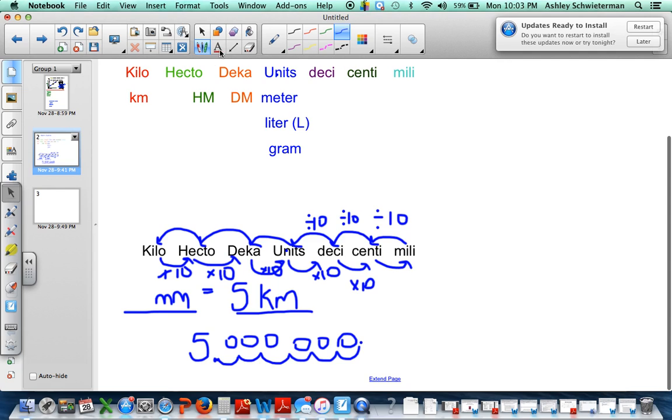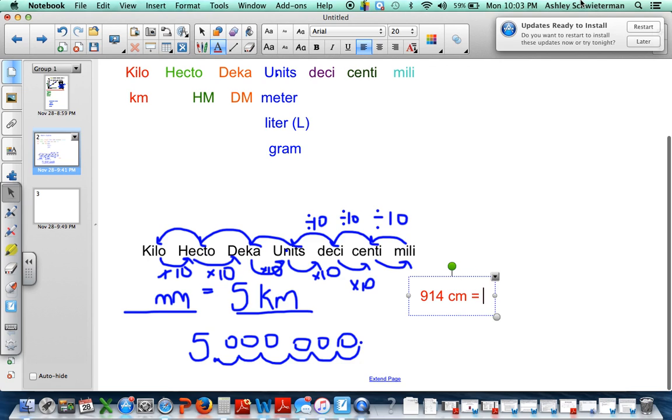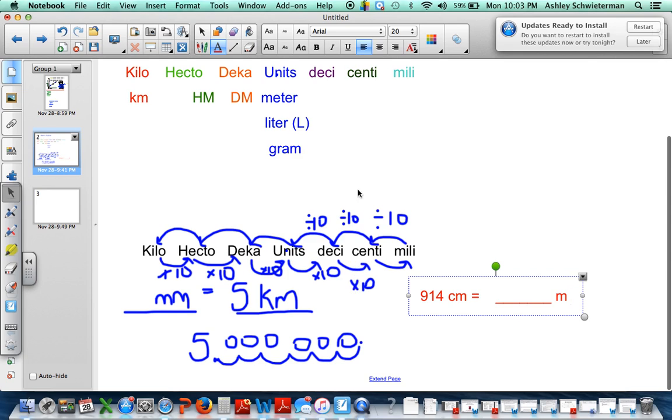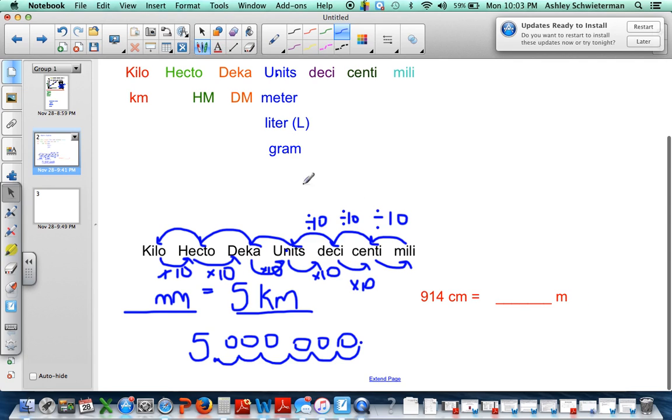So if you had this conversion, 914 centimeters, and you need to figure out how many meters. You start at, I'm going to mark it, it is here. Centi is here.